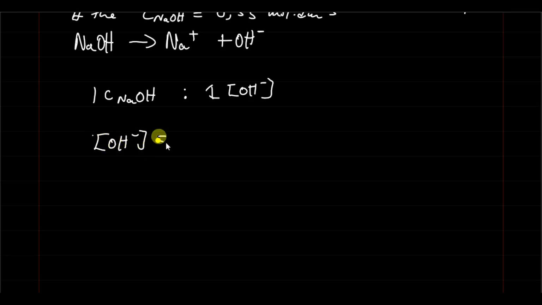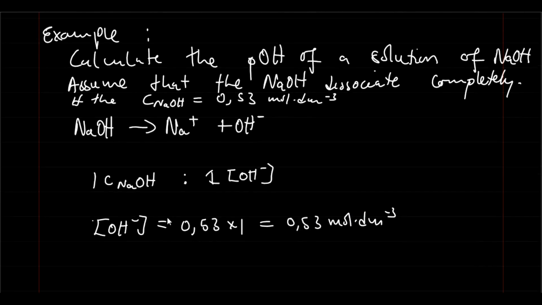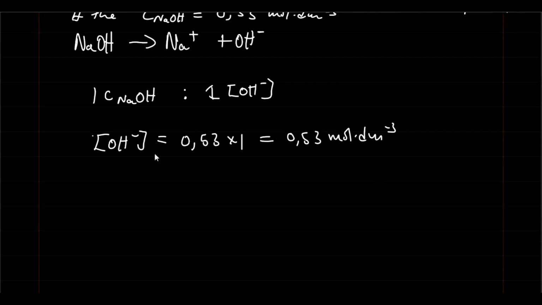The concentration of OH minus is 1:1, so it will just be 0,53 multiplied by 1, which is 0,53 mole per decimeter cube. Okay guys, so now I can calculate pOH.